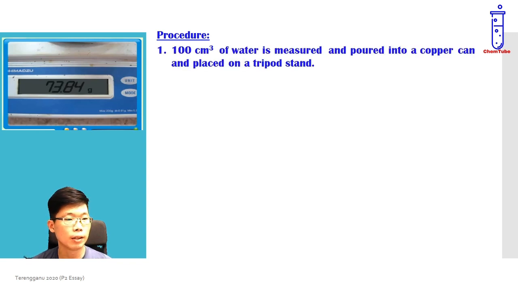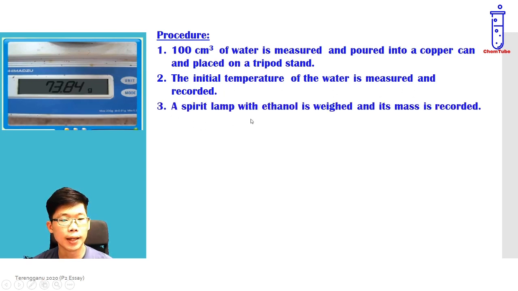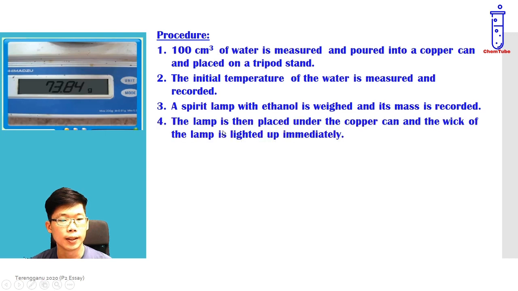The first one, you can put 100 to 250 cubic centimeters of water measured and poured into a copper can and placed on the tripod stand. The initial temperature of the water is measured and recorded. Then a spirit lamp with the ethanol is weighed and its mass is recorded. The lamp is then placed under the copper can and the wick of the lamp is lighted immediately.